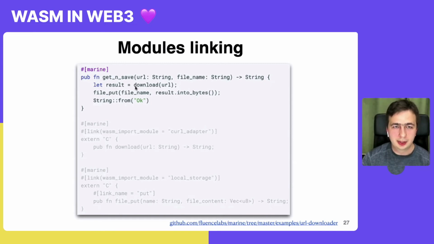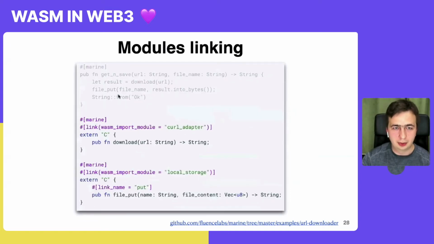And these 2 functions, download and file put, are from different modules. To allow this module to use them, there is the known Rust FFI mechanism that is also used here, and the only thing that you need to add is the Marine procedure macro, and also specify from which module this function should be called.